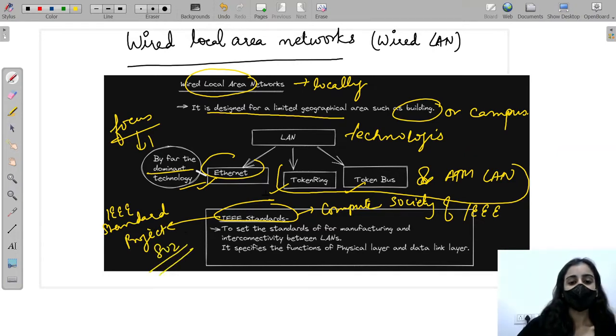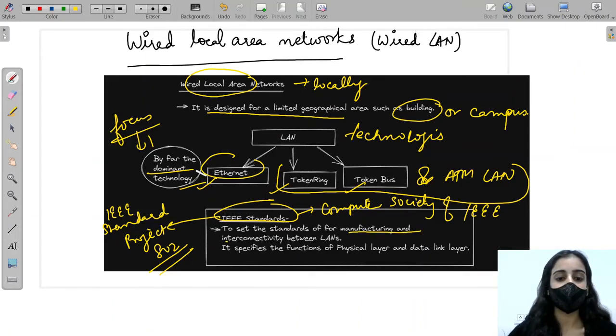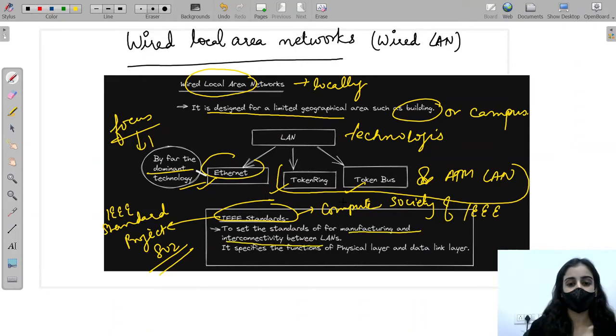So what are these standards? These standards are set for manufacturing and interconnectivity between LANs. And it specifies the function for physical layer and data link layer.